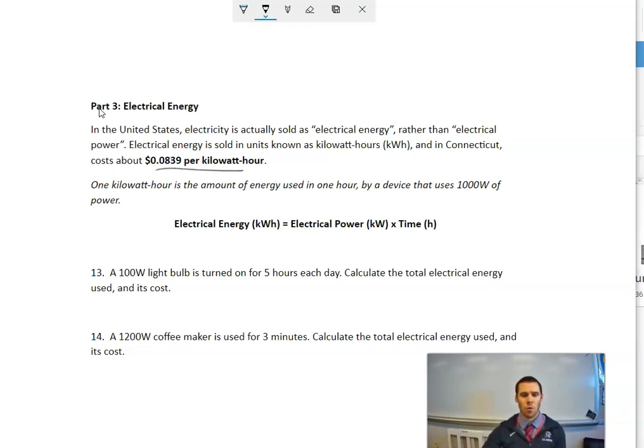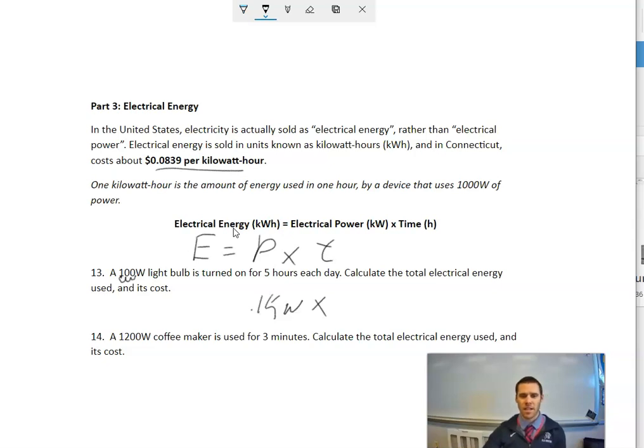Again, if we look at our formula, which is E is equal to P times T, I need to make sure that power is in kilowatts, so that's going to be my first step. 100 watts, move the decimal point over to the left 3 times, so I've got 0.1 kW. I'm going to be using that light bulb for 5 hours a day.